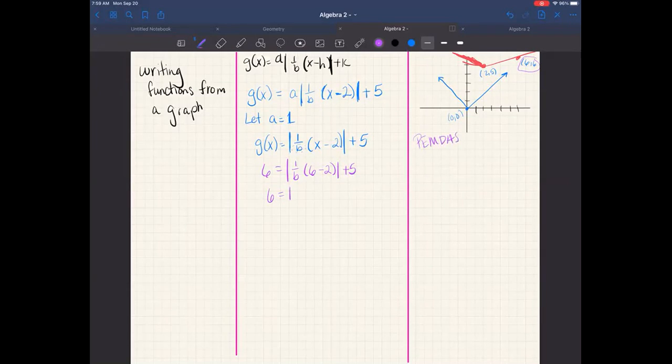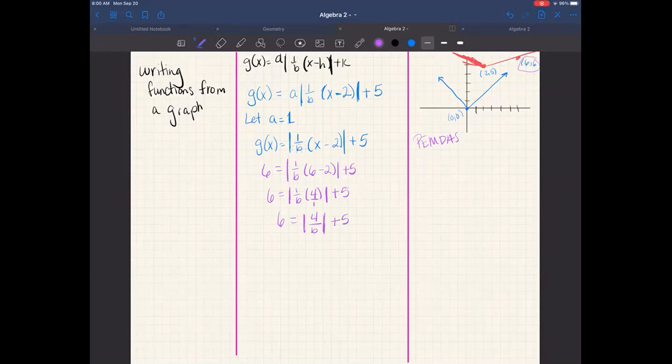So our parentheses go first. So 6 minus 2 is 4, plus 5. Now I'm going to combine my 1 over B times 4 over 1, which is just going to give me 4 over B plus 5.